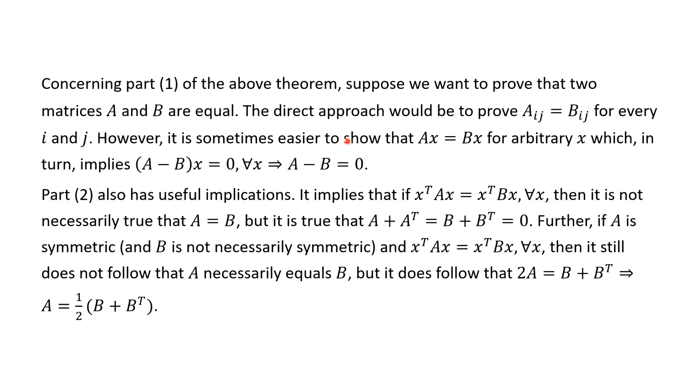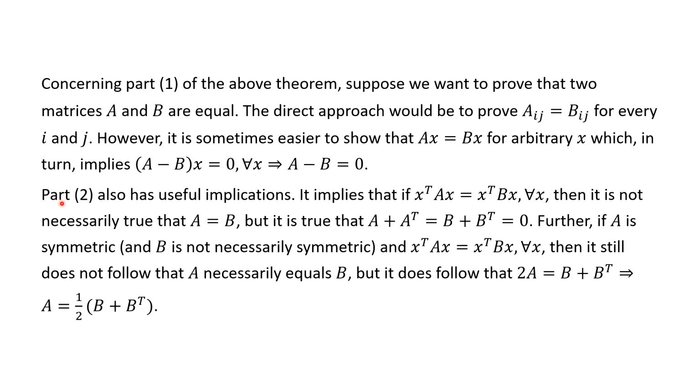Another way is to show Ax equals Bx for every x. In other words, show that (A minus B)x equals 0 for every x, which in turn implies that A minus B equals 0 and then A equals B. So we have an alternate way of proving the 2 matrices are equal using part 1.